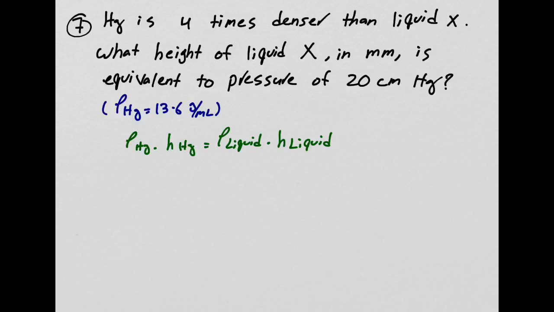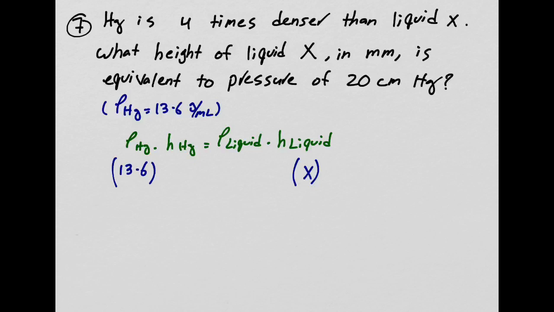In this problem, what they ask you for is the height of liquid X. So I'm going to say this is my X. That's important, which means every other variable should be given because I cannot have more than one variable. Density of mercury, that's a constant, is given to you, 13.6.